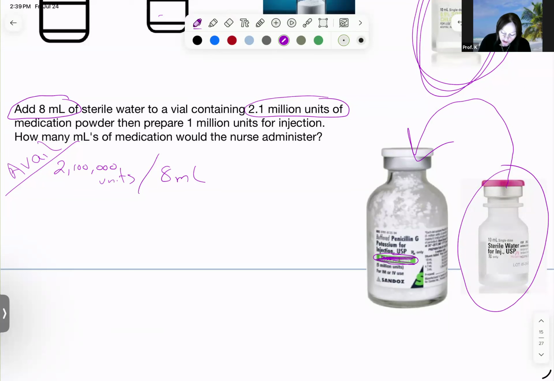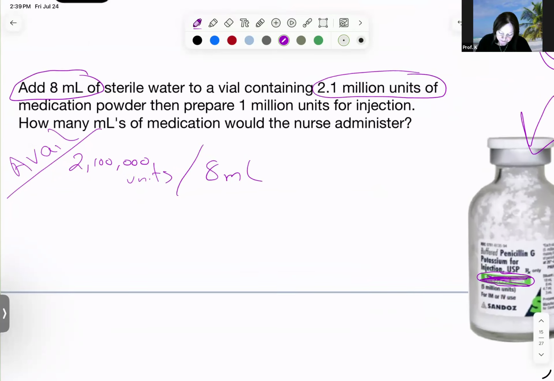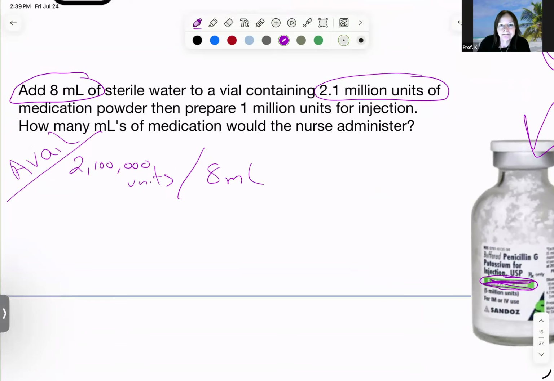So what did the doctor order in this question? 1 million units. He wants you to give 1 million units. So I need to know how to write 1 million units. And I write units underneath it because when I was in school, I mistook the U for a 0 and I got an answer wrong.